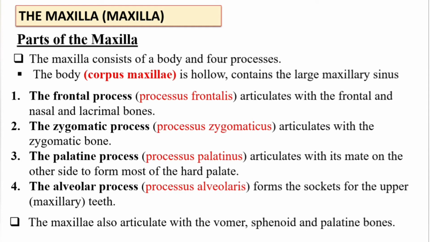Then the palatine process, processus palatinus, articulates with its mate on the other side to form the most part of the hard palate. I'm going to show you the palatine process is very important. And lastly, the alveolar process, processus alveolaris, forms the sockets of the upper maxillary teeth or the upper jaw.